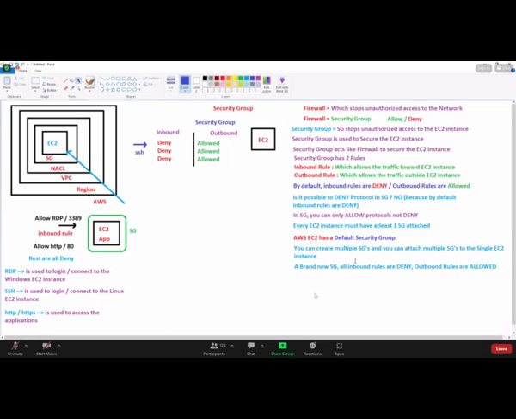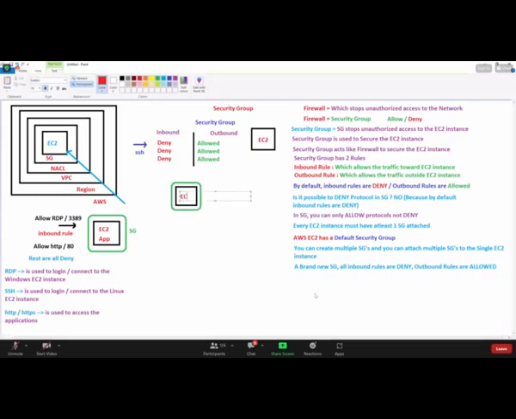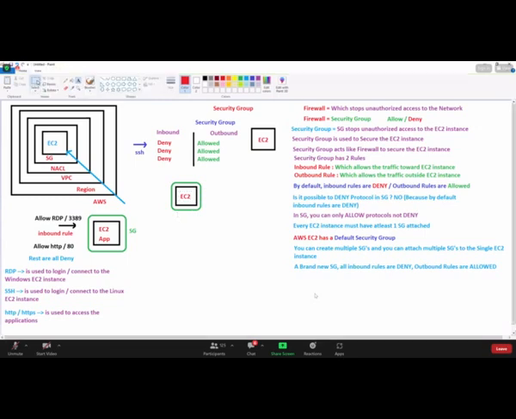Let's come back to our topics, we still have some. The question is, can one EC2 instance have multiple security groups attached? Yes, possible. Can it have its own security group? Yes, it has its own security group. This is EC2, right? It has its own security group like this.